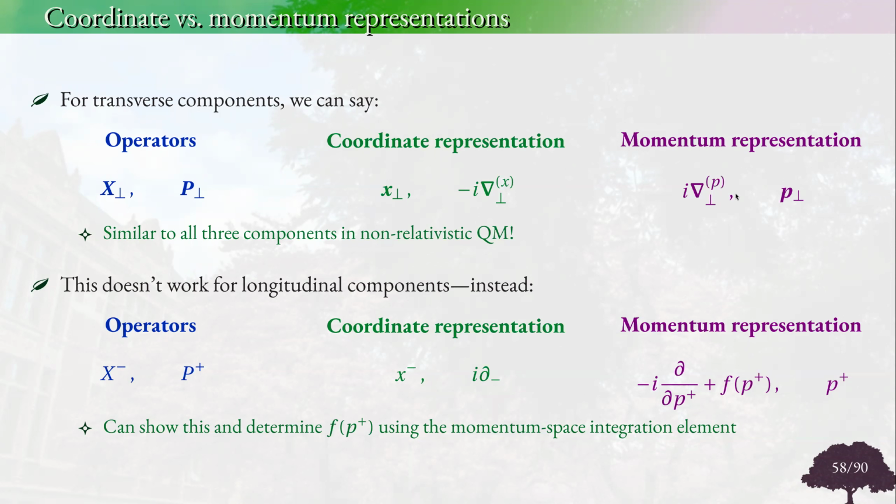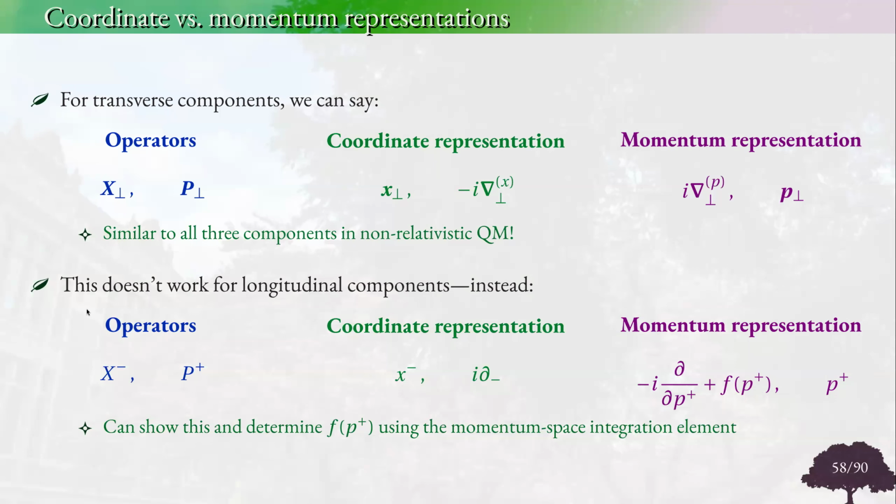In the momentum representation, you also have for the transverse components completely expected behavior from non-relativistic QM. Your P perp operator in the momentum representation just becomes an ordinary number, or pair of two numbers, and your X perp becomes a derivative with respect to P with a plus i here.